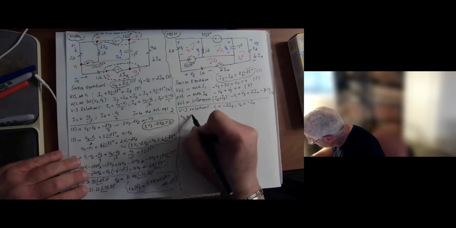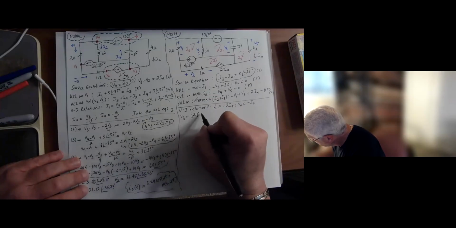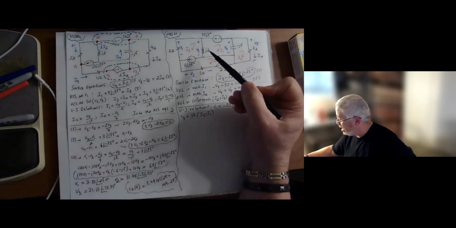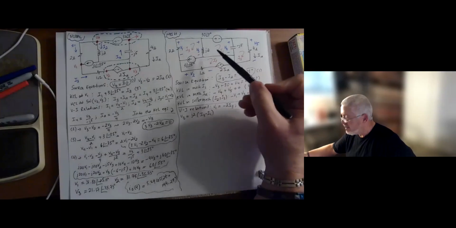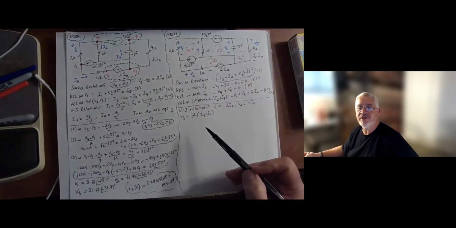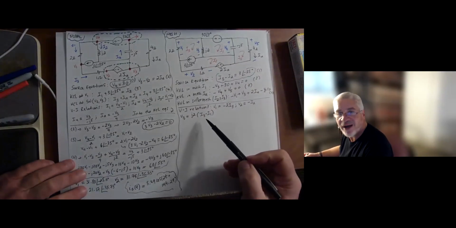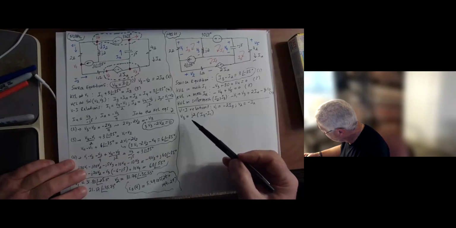V3 is J2 times I3 minus I1. Anytime you have elements that are between two meshes, you have to make sure you have both contributions, and then pay attention to the passive sign convention. That's why you have I3 minus I1 here for V3.